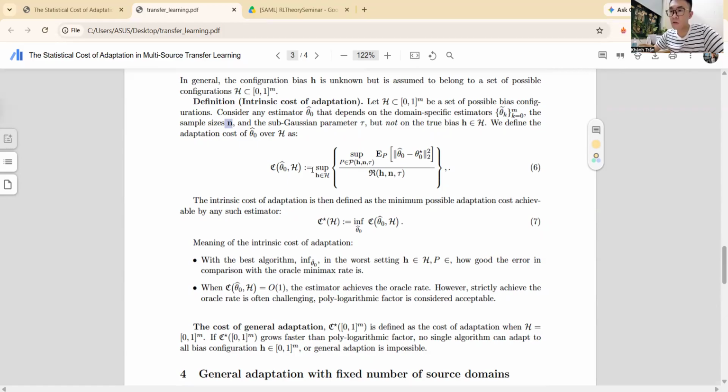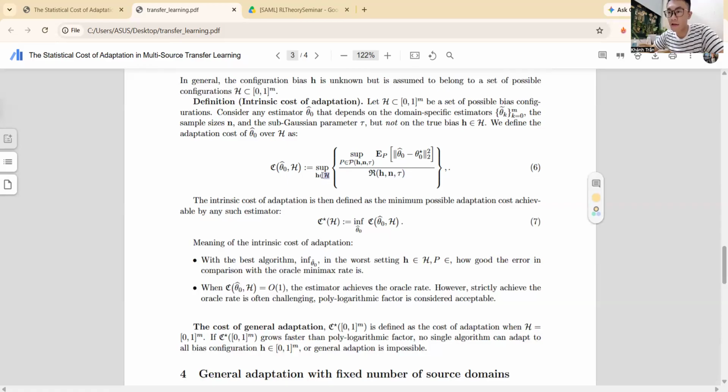The cost of adaptation for that estimator theta hat is a ratio between the MSE, mean square error, of that estimator and the rate function defined in the previous definition. The supremum is taken because we don't know the true bias configuration F. We only know that it belongs to a set.